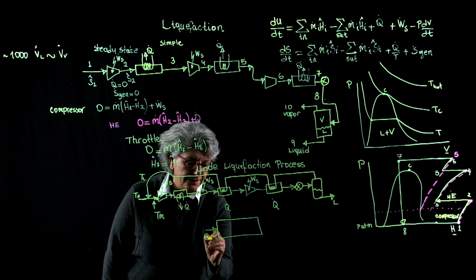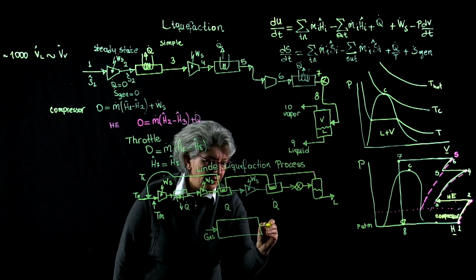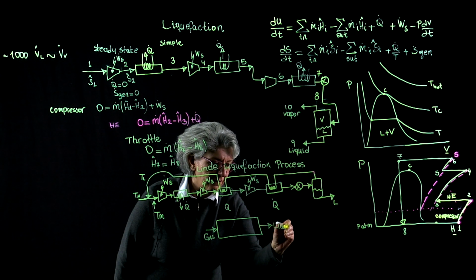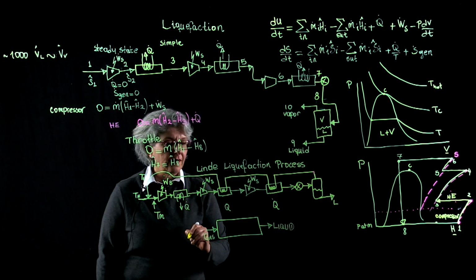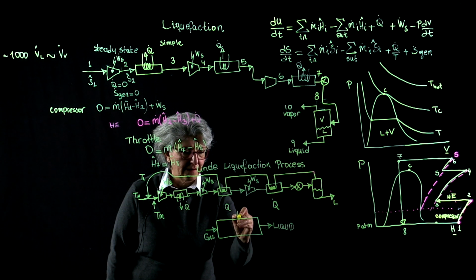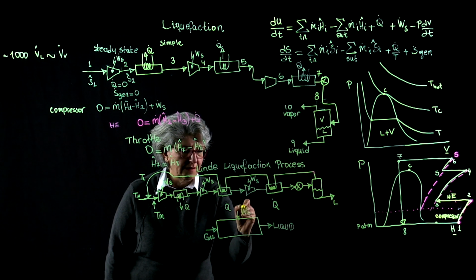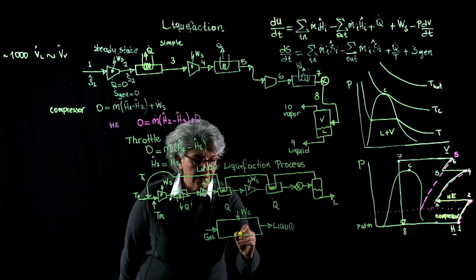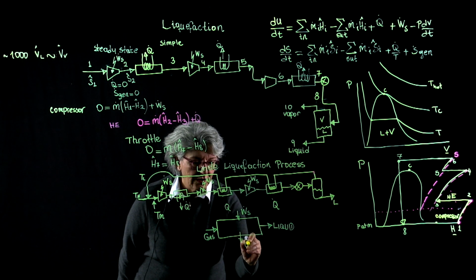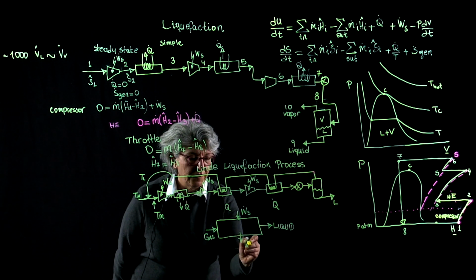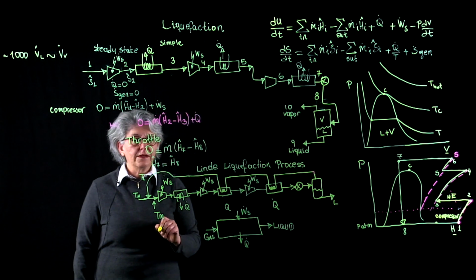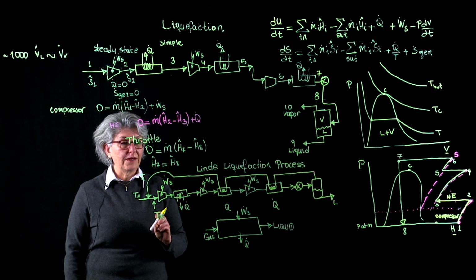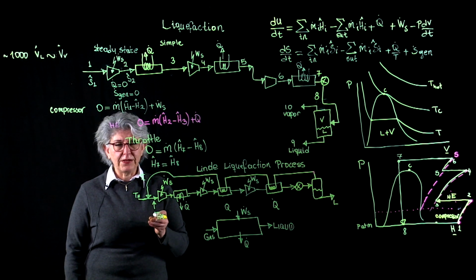Gas comes in, liquid goes out, we have a significant amount of shaft work into this system, and we removed a considerable amount of heat. So, with the liquefaction process now, we can start making calculations.